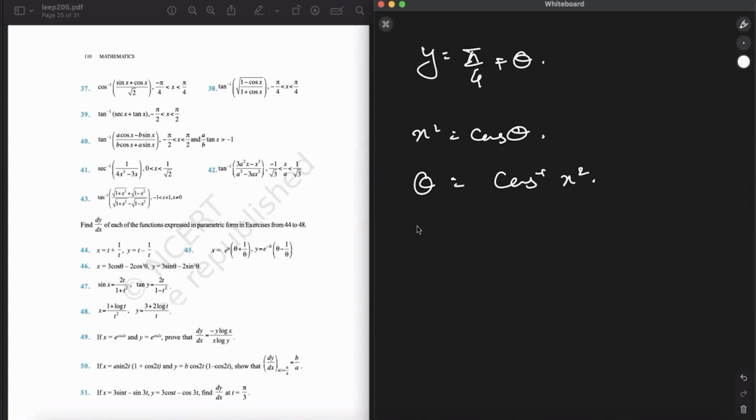Okay, so y will be equal to pi by 4 plus cos inverse x square, and on differentiating it with respect to x, I'll be left with... where is this question?